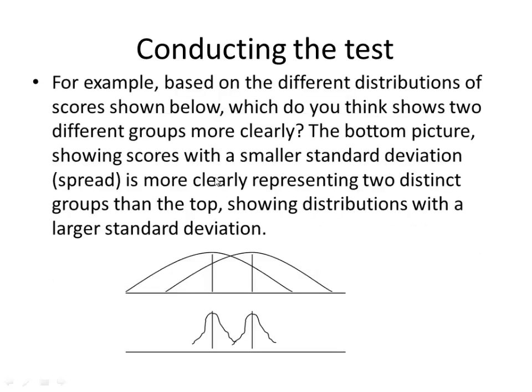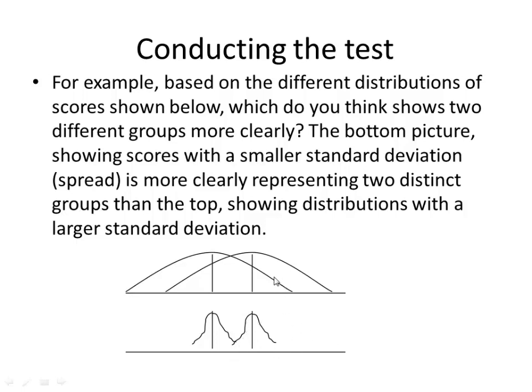So for example, if we look at these diagrams here, based on the different distributions of the scores shown below, the variance, the spread of the data is represented in these 2 different pictures. The bottom picture down here shows scores with a smaller standard deviation. So the smaller the standard deviation, the less spread out the scores are.